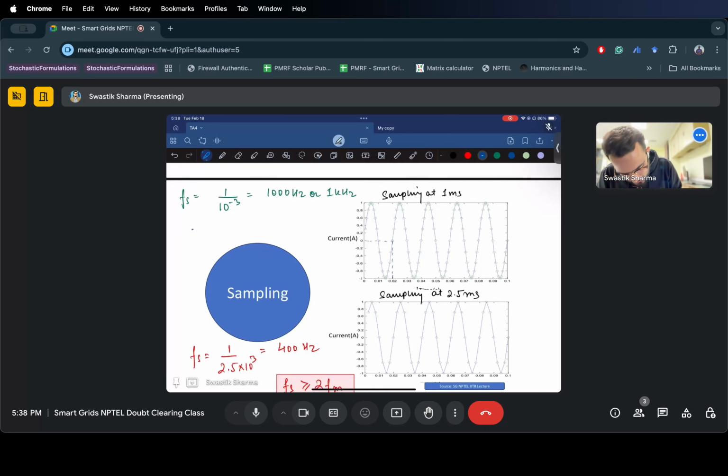The time period is 0.02 seconds, right? So if you want to generate its frequency component, it is 50 hertz, right? Sometimes my mind stops working. Yes, it's 50 hertz. So you have a 50 hertz frequency of your original waveform.